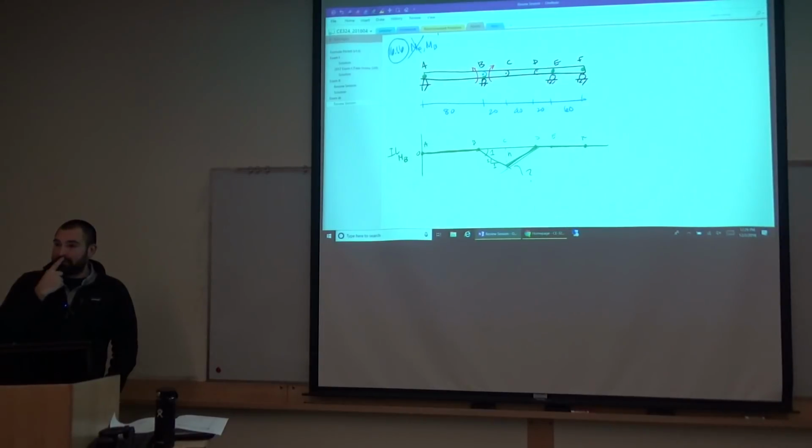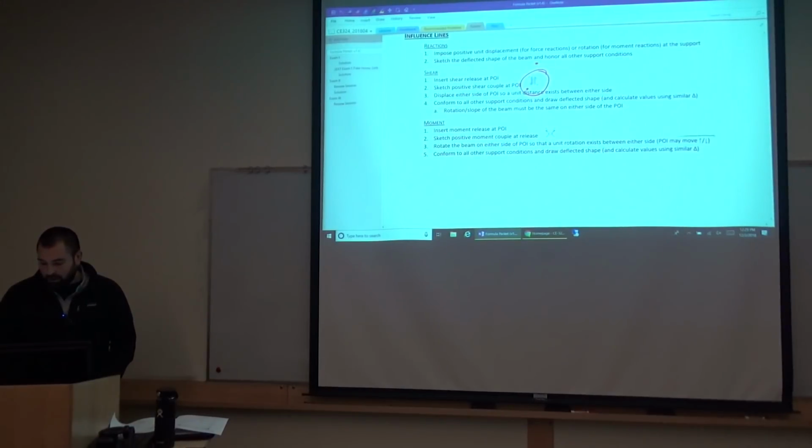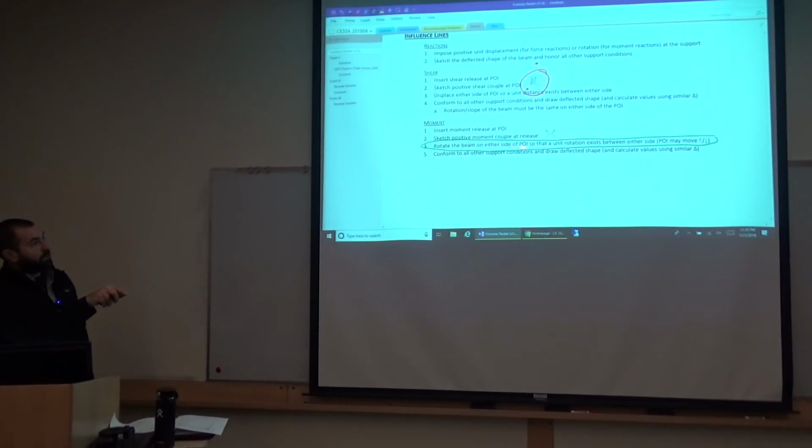Yeah, question? How do you get to that conclusion? Because I still think that we should just focus on those 2 triangles. So how are you deciding that? Yeah. So how I'm deciding on that is just based off what it says in the exam packet. So it says rotate the beam on either side of the point of interest so that a unit rotation exists between either side.